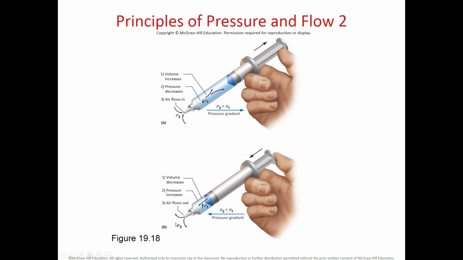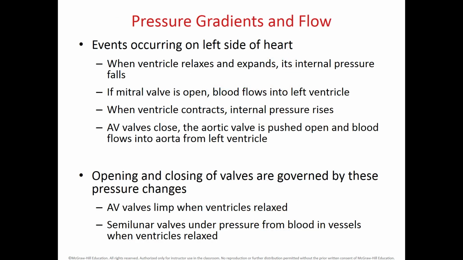So regularly our blood pressure will be 120 over 80. 120 will be the systolic pressure, and 80 will be the diastolic pressure. So when the left side of the heart relaxes and expands, its internal pressure falls.